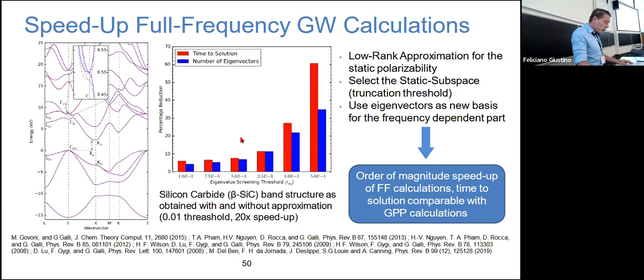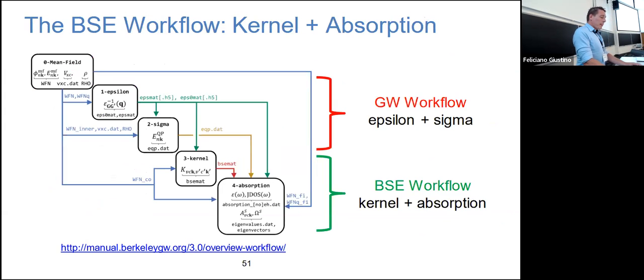So if you want, 10^-3 corresponds to this calculation here. We are using 10% of the original number of eigenvectors, and the time to solution goes down to essentially 10% of the total time to solution. All right, the GW part of the workflow is complete.